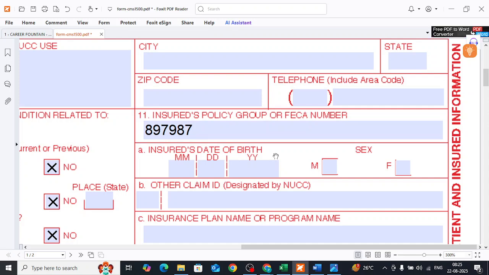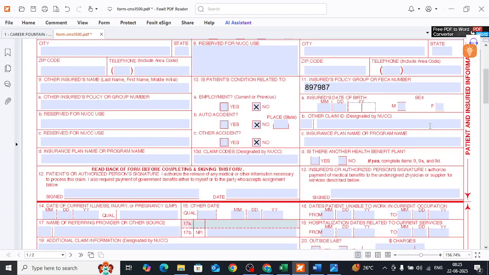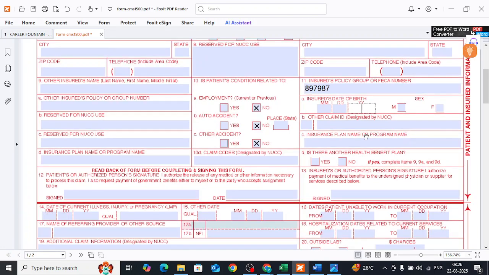Okay, so ensure date of birth and the gender, and all other boxes under this are not that important because they are other claim ID, insured plan name, program name. Let it be. We can ignore this. And here also we have box number 13 for the digital signature of the subscriber.